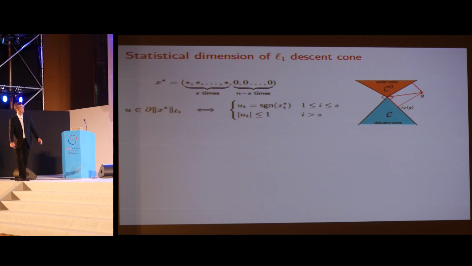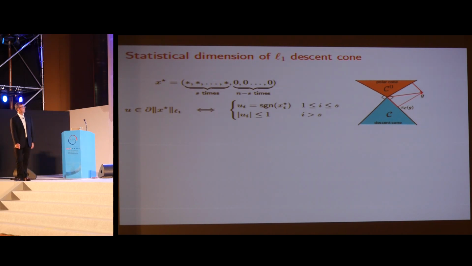And here they are. So if I have a point x, which is non-zero in S first components, and 0 everywhere else, then u is a subgradient if and only if u is equal to the sign of x when x is not 0, and it's anything less than 1 in magnitude when x is 0. That's what it means to be a subgradient at x to the L1 norm.